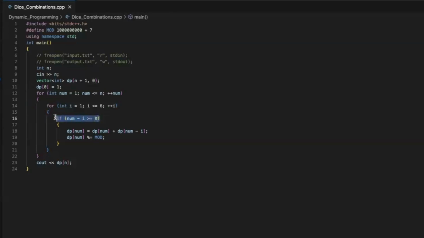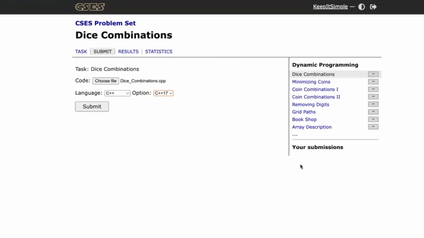If we see that number minus i is greater than or equal to 0, we'll add the number of ways dp of num minus i to dp of num. And finally, since the number of values can exceed int's range, we'll do a modulo operation and mod it by 10 to the power 9 plus 7. And finally, we'll print the result. Let's now submit the code and see if it passes.